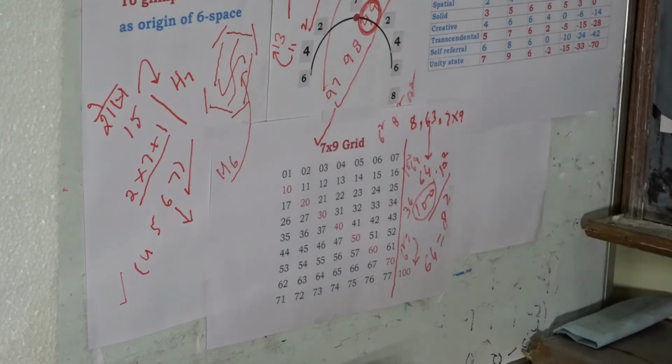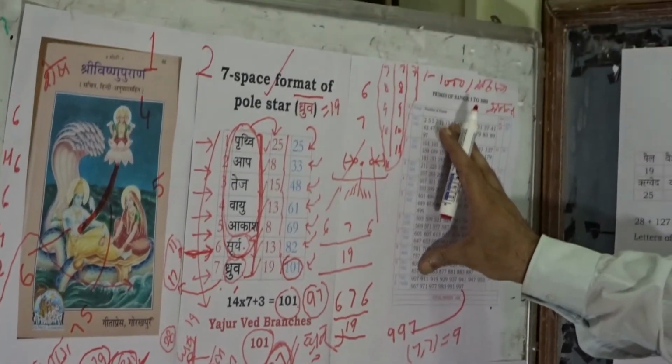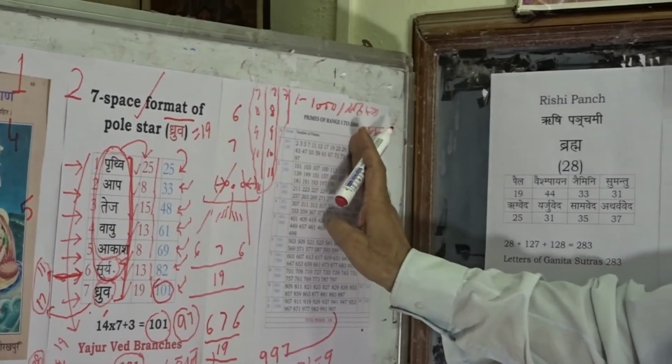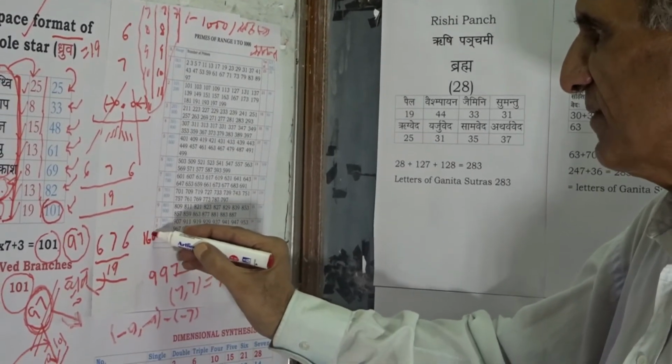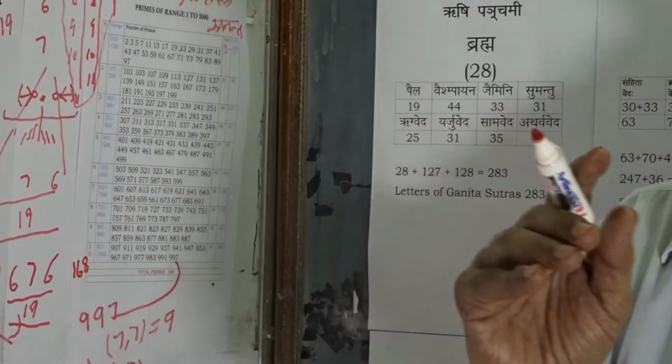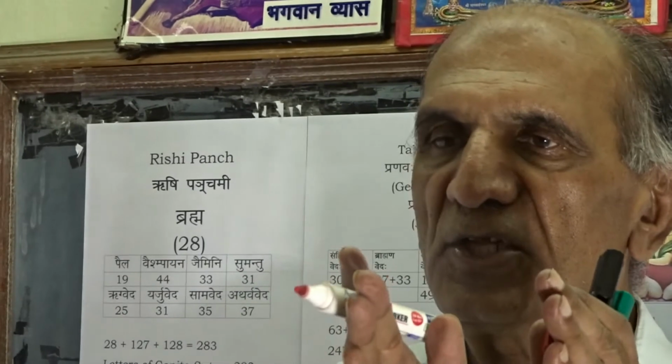Let us have a pause here and take note that the total primes up till 1000 are 168. Let us have a pause. Now we are entering the third tabulation.